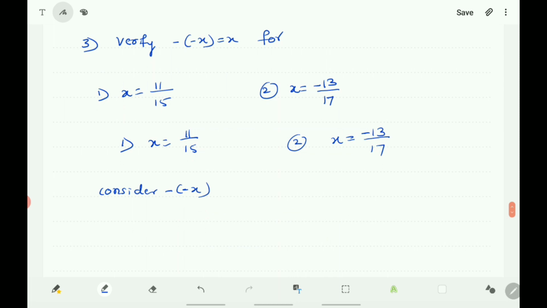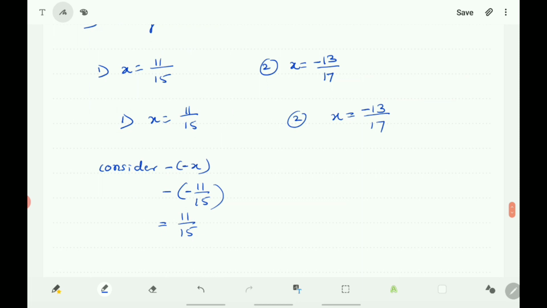Minus of minus x is minus of minus 11 by 15, and you know that minus into minus becomes plus, so it is 11 by 15, which is equal to x. Therefore you can say that minus of minus x is equal to x.